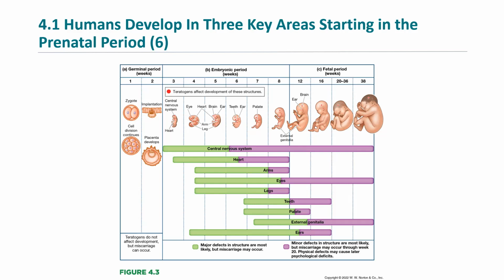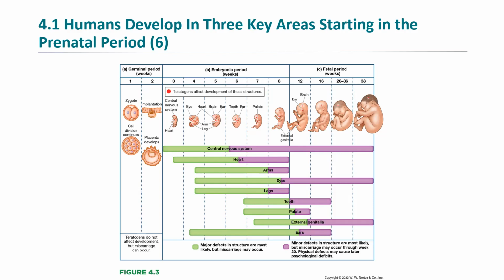So the embryonic period is considered a critical period because that's when major defects can arise in the structures that are beginning to form. When something is in the process of beginning to form, that is when it is most susceptible to damage.